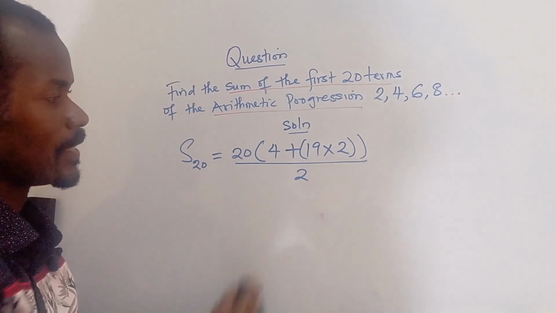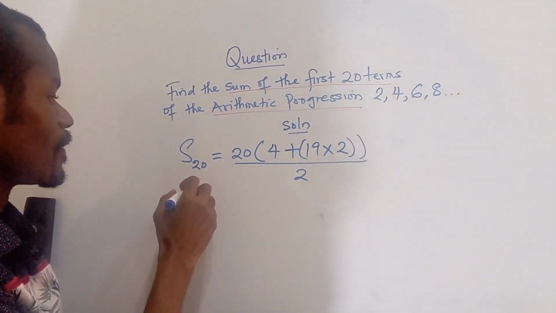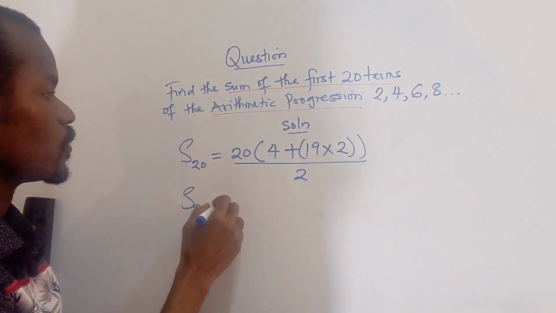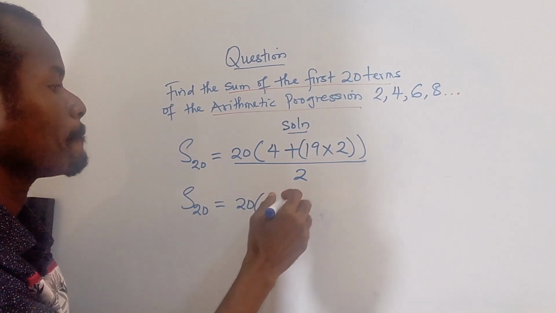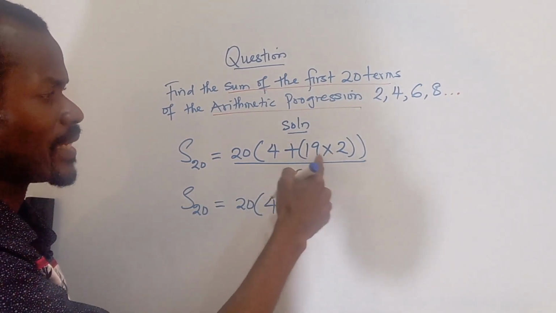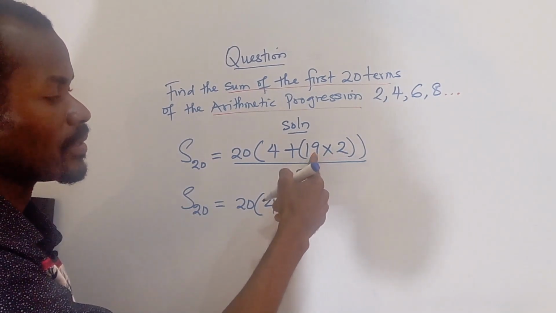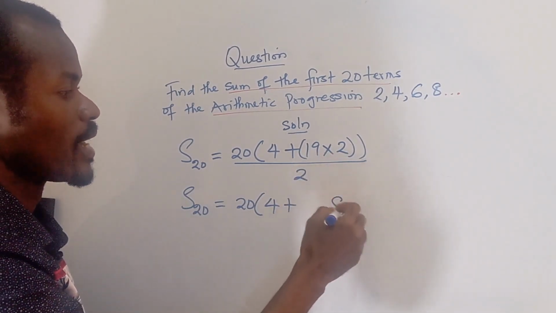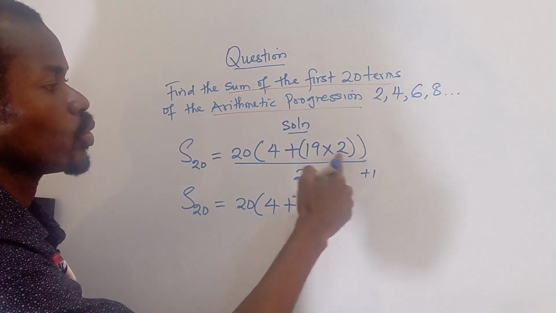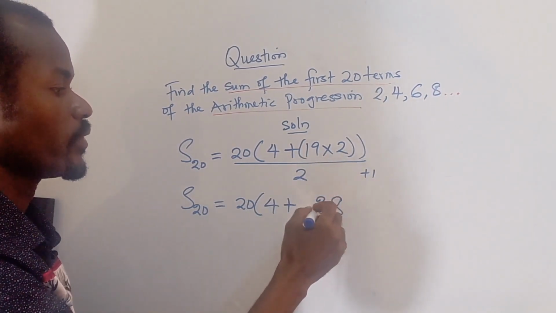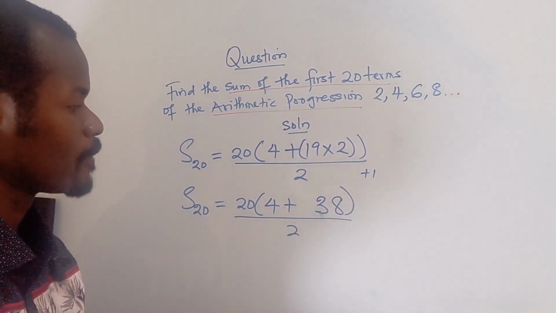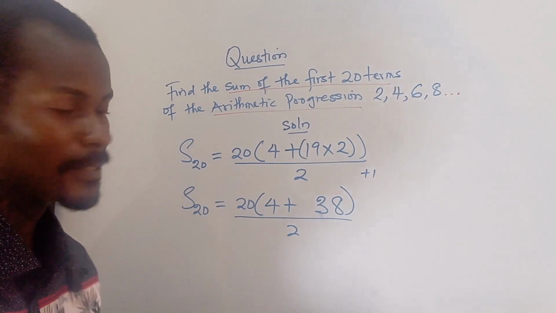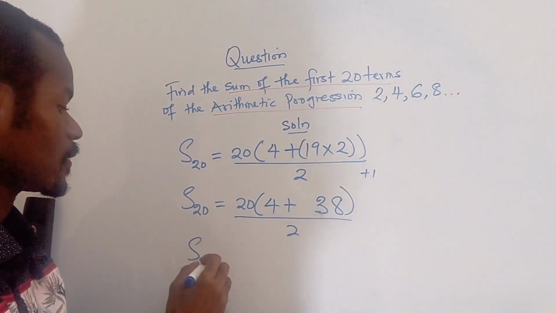Let's simplify further. So S20 is going to be 20 into 4 plus 19 times 2. 2 times 9 is 18, so we have 8 carry 1, then 2 times 1 is 2, plus this 1 is 3. So all this is going to be divided by 2. Now from this we can add the bracket.